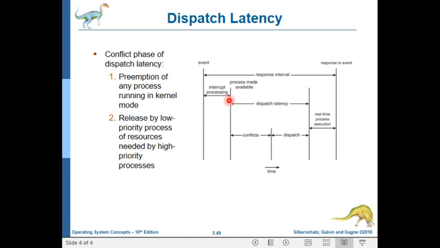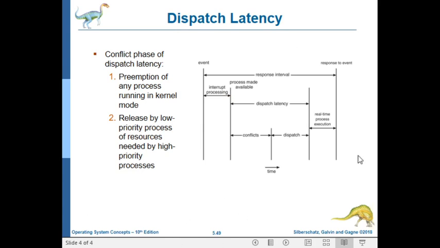Providing real-time tasks with immediate access to the CPU mandates that the real-time operating system minimize this latency as well. The most effective technique for keeping dispatch latency low is to provide preemptive kernels. Dispatch latency is not suitable with non-preemptive kernels.